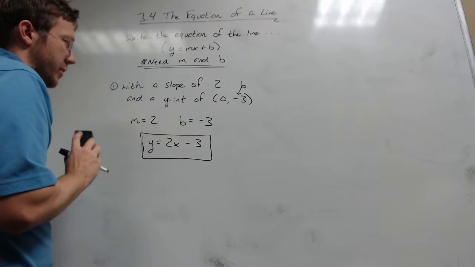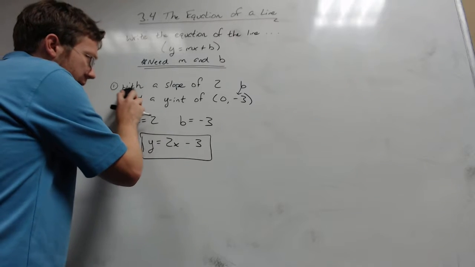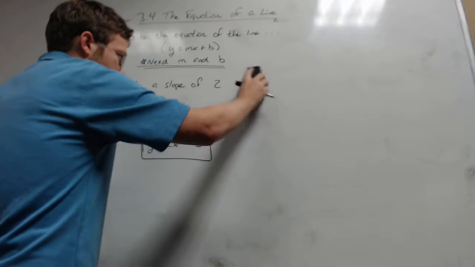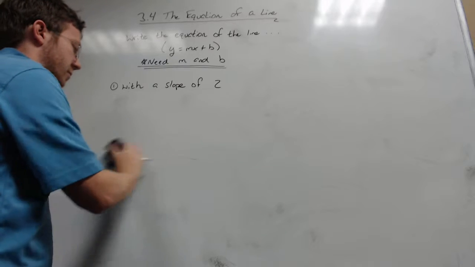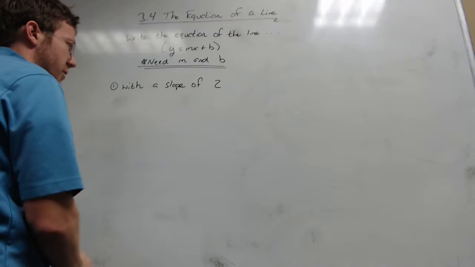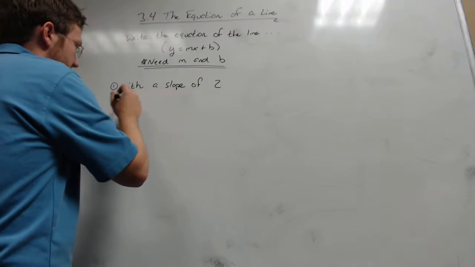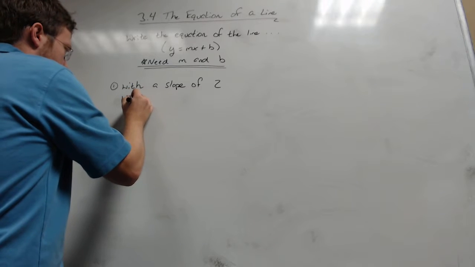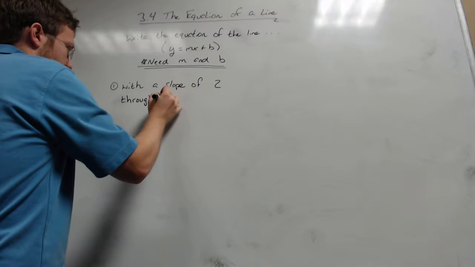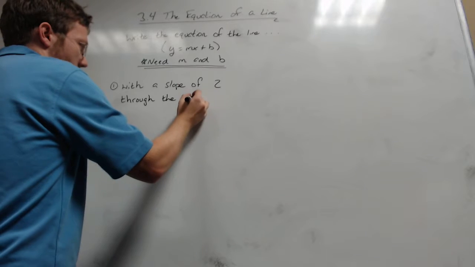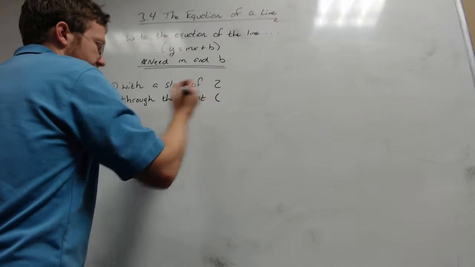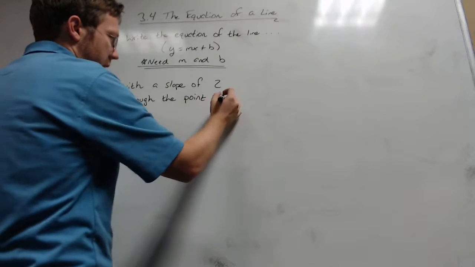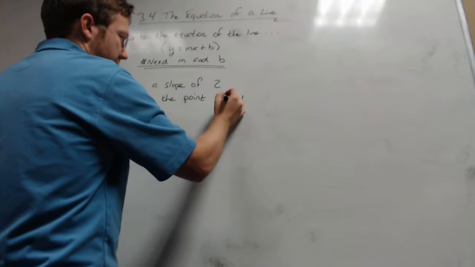How would this problem change if I wanted a slope of 2, but instead of knowing what the y-intercept is, the slope of 2 through the point (-3, -1)?